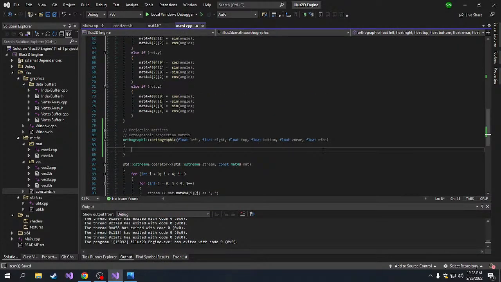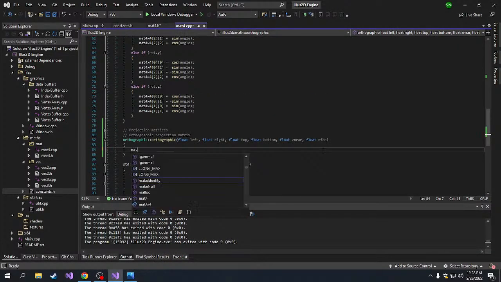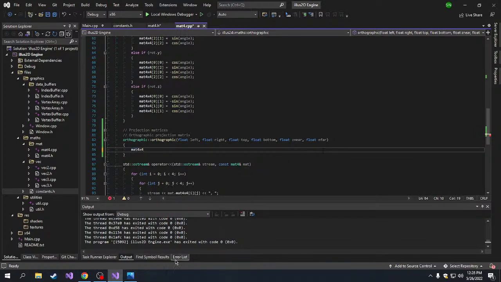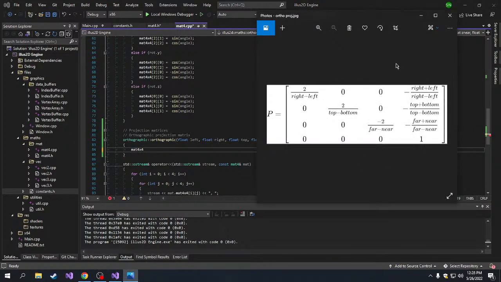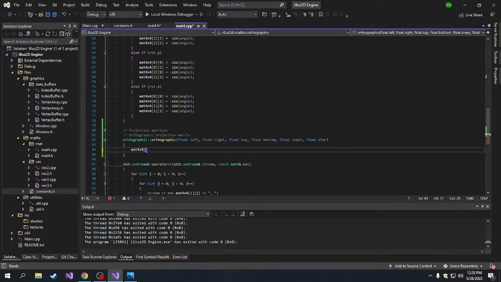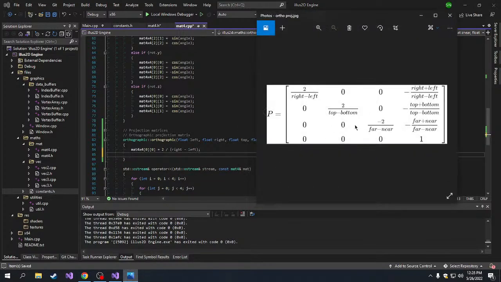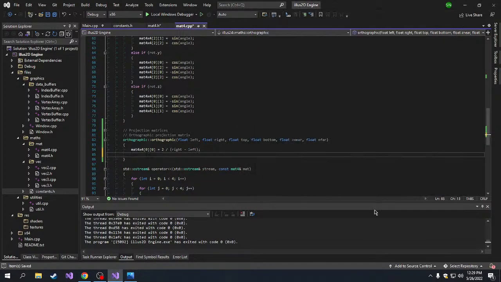So we'll do mat 4 times 4. The first value, first row and first column, is going to be 2 divided by right minus left. The second row, second column is going to be 2 over top minus bottom.